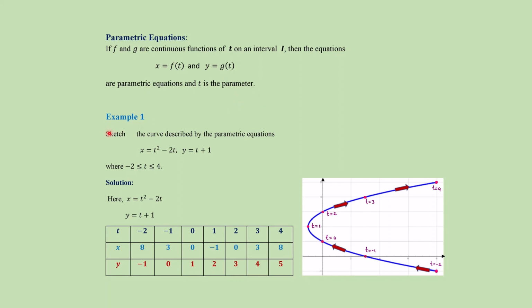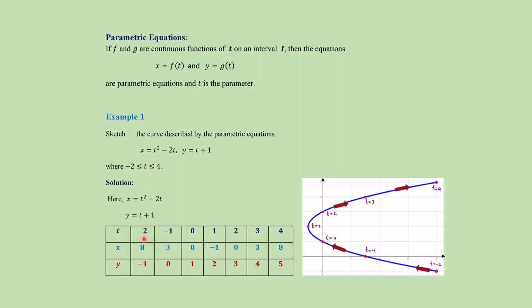Now how can we sketch the parametric equation? In this example, we are given x equals t squared minus 2t and y equals t plus 1. And here t varies from -2 to +4. Now to sketch the graph, we need to take some points.